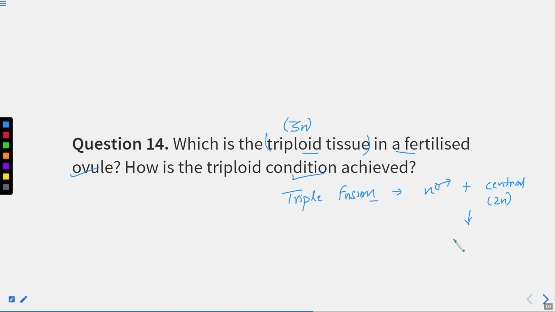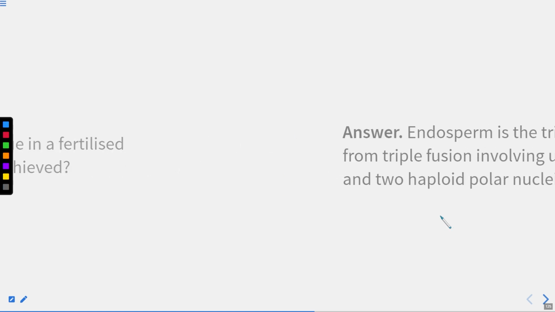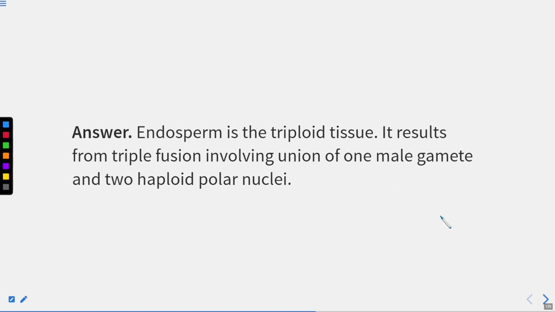As a result, a triploid tissue will be formed. Let's have a look at the answer. This triploid tissue is known as endosperm. It results from triple fusion involving union of one male gamete with the two haploid polar nuclei, which fuse to form the central cell.